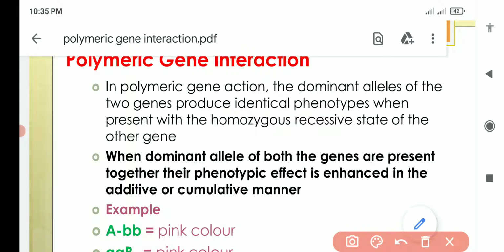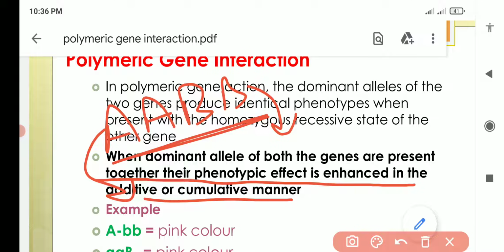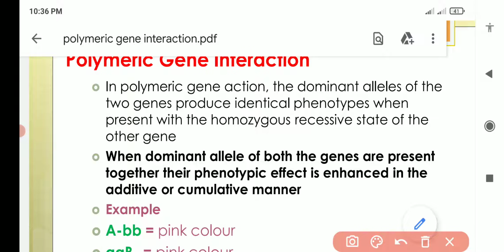And when both the dominant genes are present together, their phenotypic effect is enhanced in an additive or cumulative manner. The meaning of this sentence is that when both dominant alleles, capital A and capital B, are present together, their phenotypic effect will be enhanced. B will produce a phenotype, A will also produce a phenotype, and the resulting phenotype will be more intense in color.